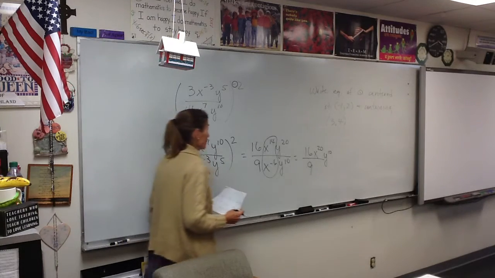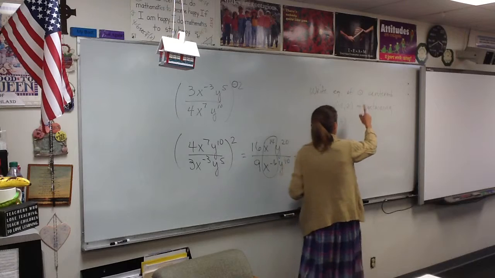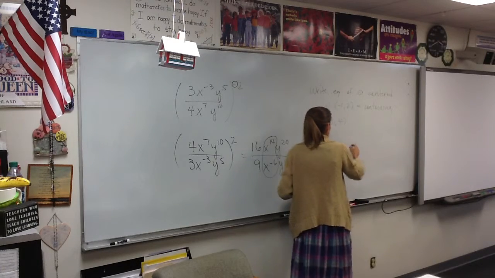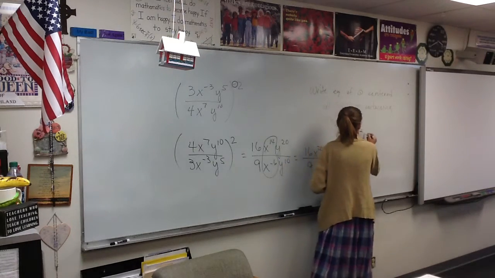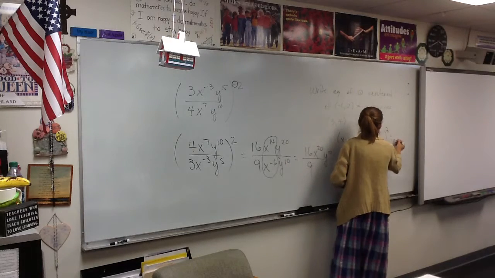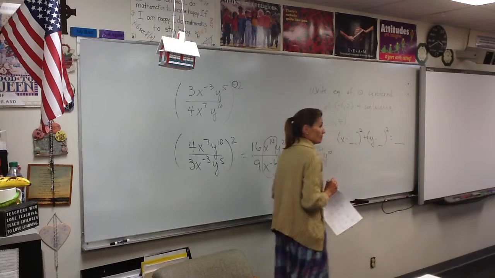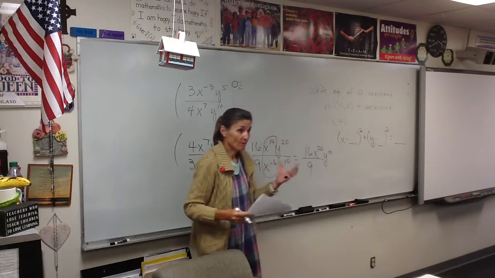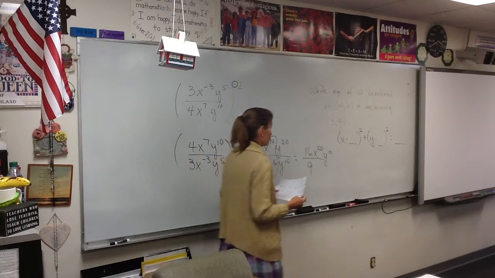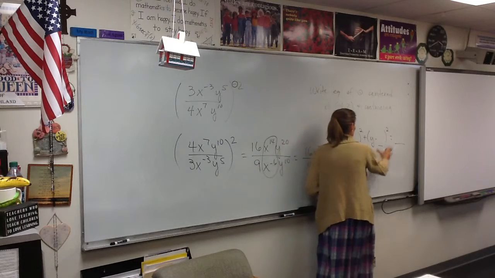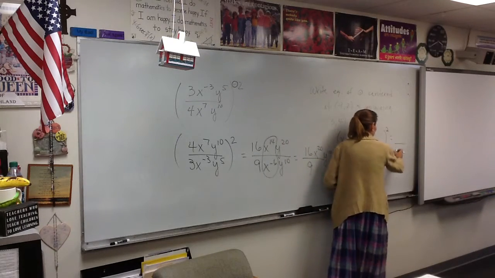Okay, how about this one? Do you remember that a circle has an equation that looks like this? You got to remember that if you're going to end up with this, the equation of a circle, you have to know you have an x quantity squared plus a y quantity squared equal to a number.